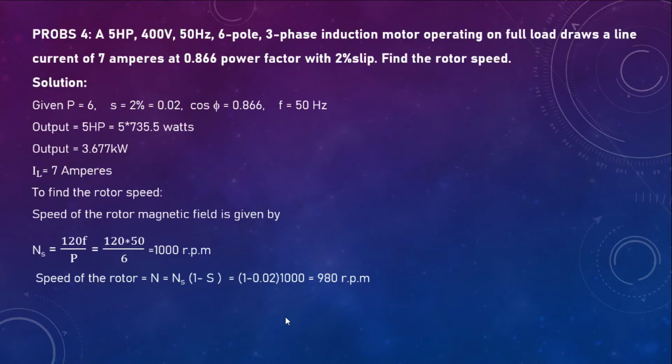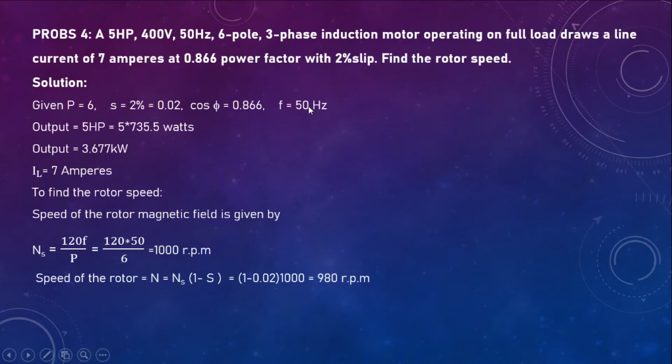Next, problem number 4. A 5 HP, 400 volt, 50 Hz, 6 pole, 3-phase induction motor operating on full load draws a line current of 7 amperes at 0.866 power factor with a 2% slip. Find the rotor speed. So it has only one induction motor's details.